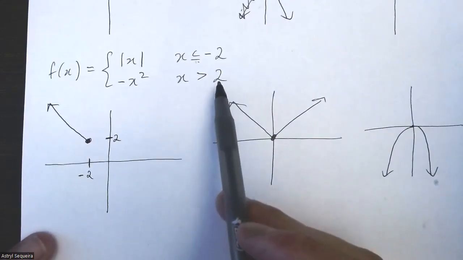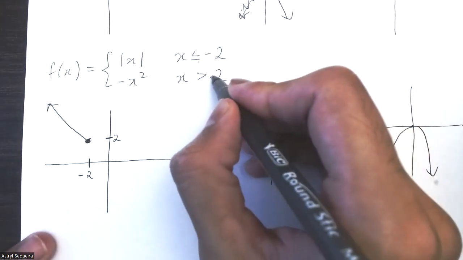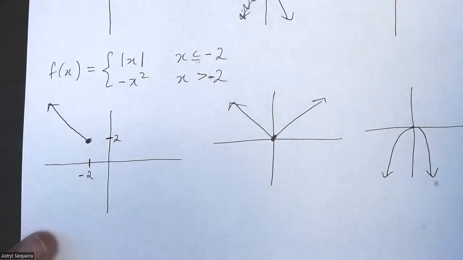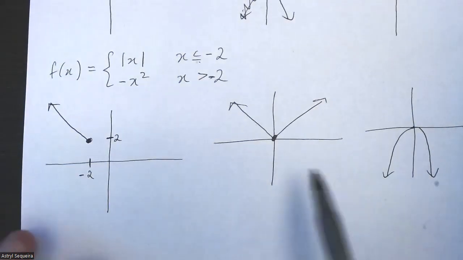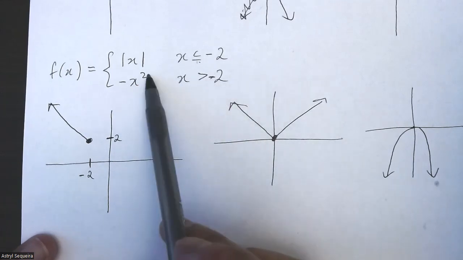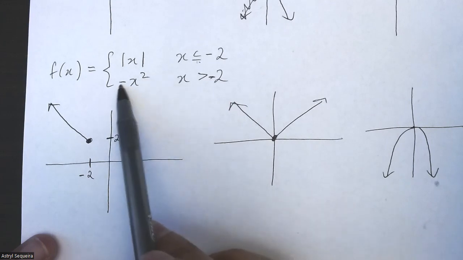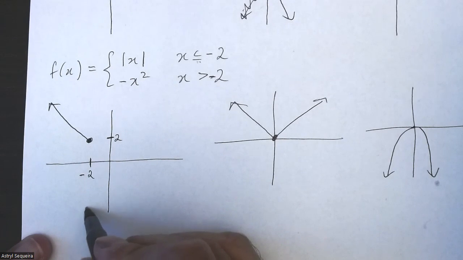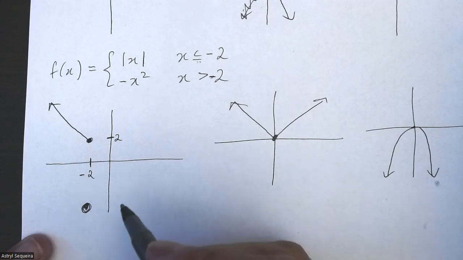If I put in negative 2, missing the negative there in the question. If I put in negative 2 into this function here, remember we got to do the square first. Negative 2 squared is positive 4. And then I have a negative sign here, so it's negative 4. Basically, it's down here. Should be an empty dot because there's no equals.